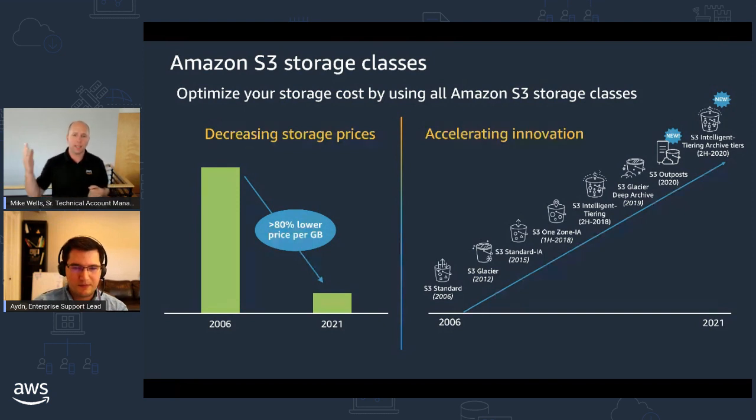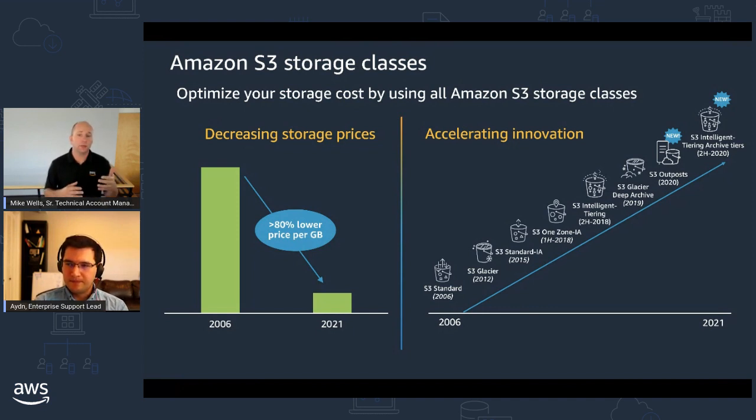On the right, you can see how we've continued to add more storage options over time. Most recently, we launched two new storage classes in S3 Intelligent-Tiering and S3 Glacier Deep Archive. We launched all these storage classes because customers have told us the use cases with which they want to use and store data in S3, and they're looking for the ideal storage class.